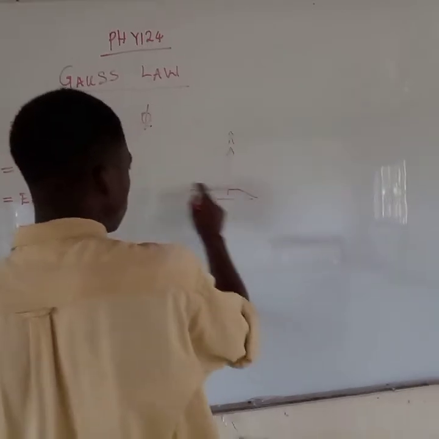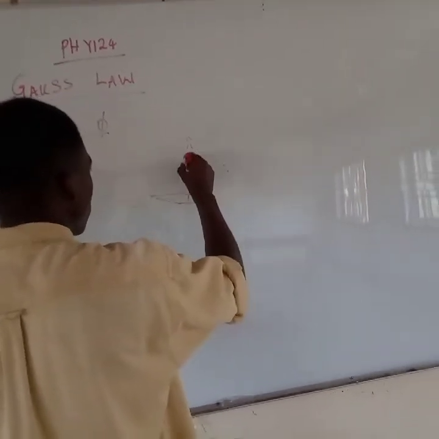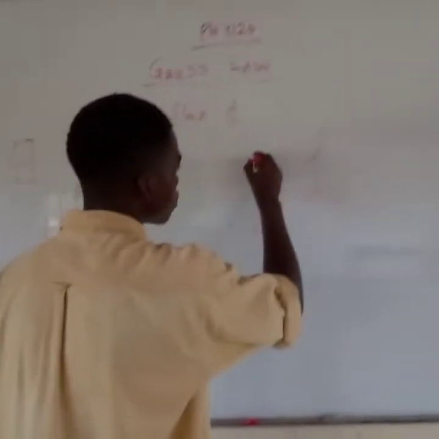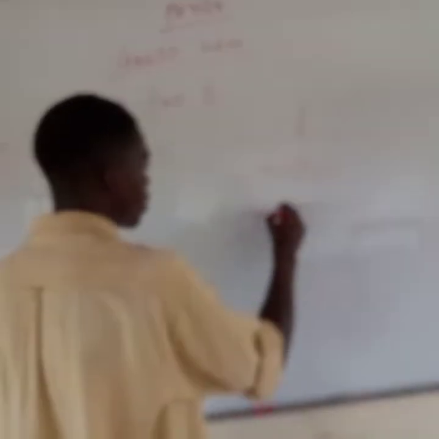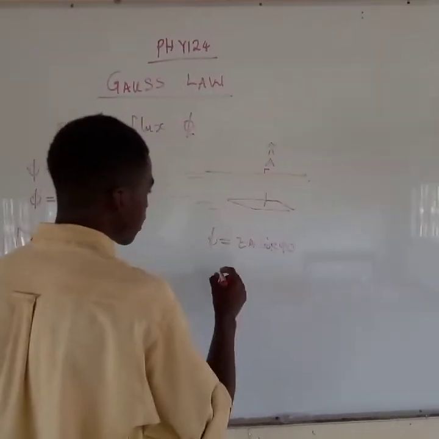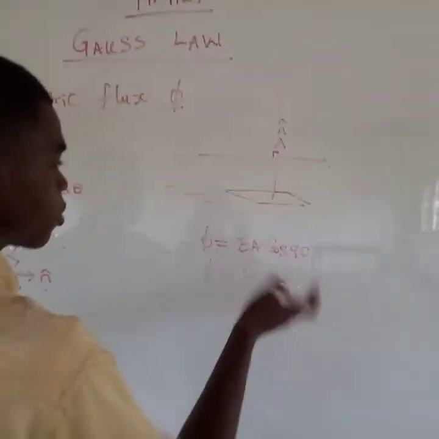This is the normal. Because when the surface is like this, the normal will point out. Now, the field is perpendicular to the normal. Phi will now be EA cos 90, and that will be equal to 0, because cos 90 is equal to 0.